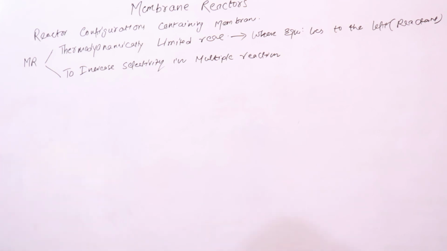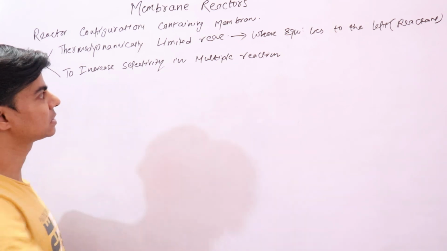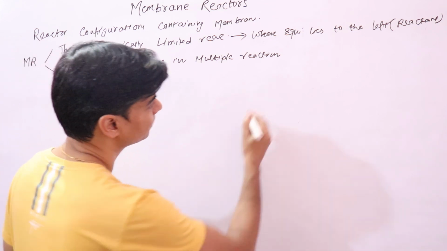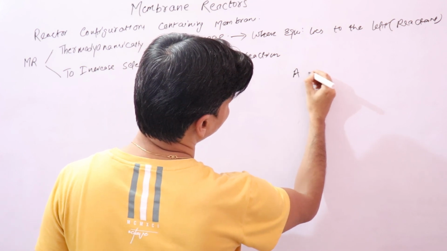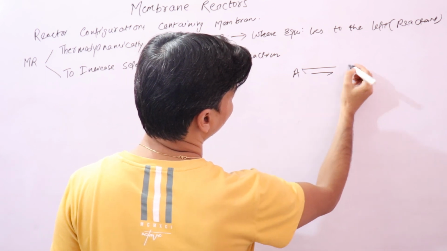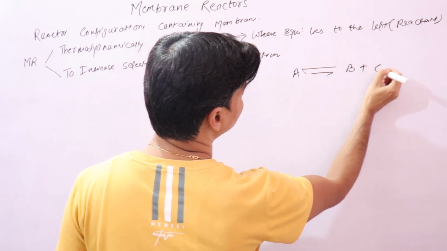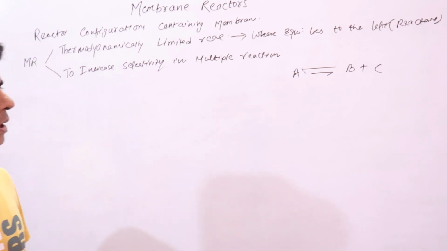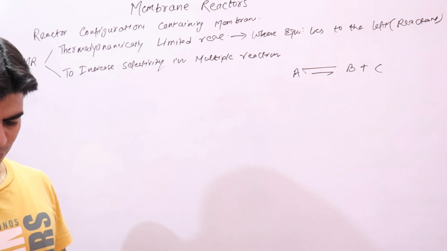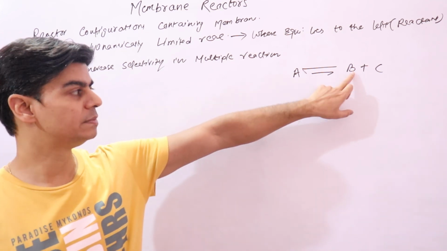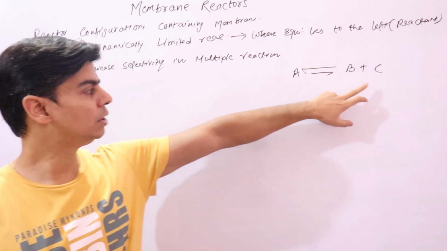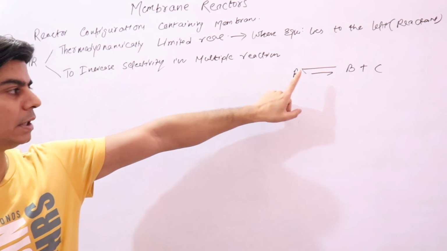And so basically let's discuss the first type of reaction, thermodynamically reversible reactions. Suppose this is the reaction, A gives B plus C. These are your products, but the desired product is B. Now what B is doing, B is reacting with C to give you back reactant A at equilibrium.